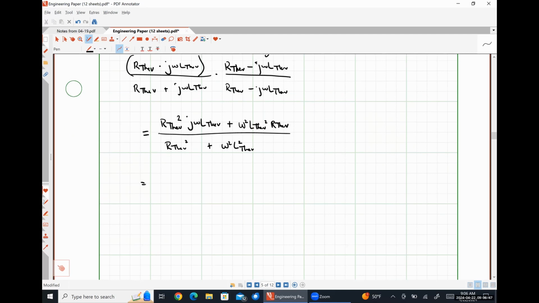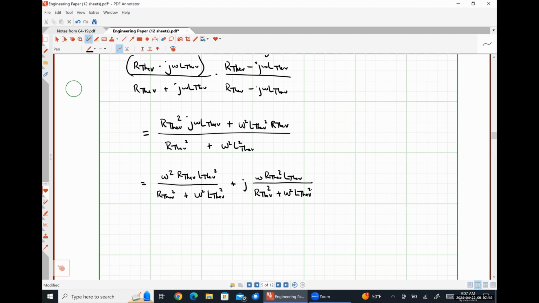Just taking this one step further, this would look like omega squared R Thev L Thev squared over R Thev squared plus omega squared L Thev squared, plus j omega R Thev squared L Thev over R Thev squared plus omega squared L Thev squared.